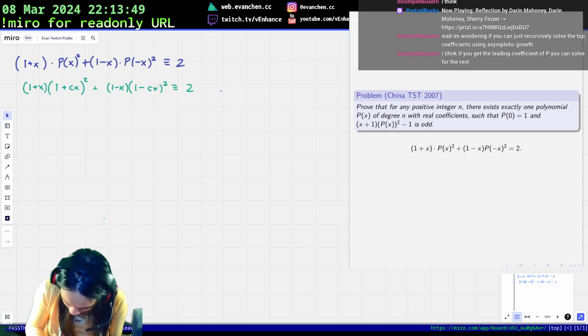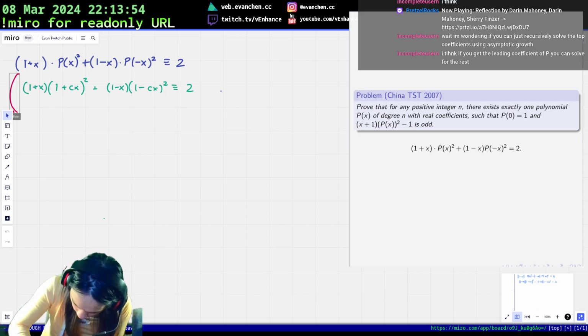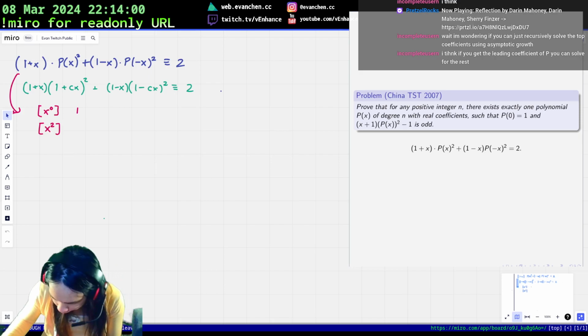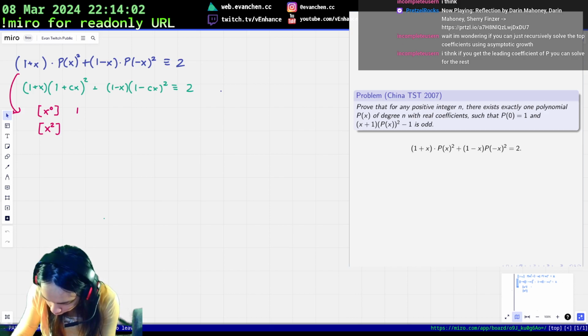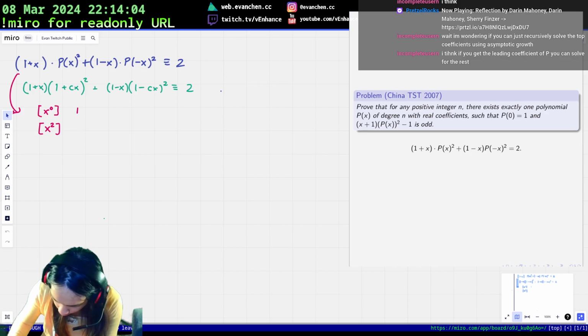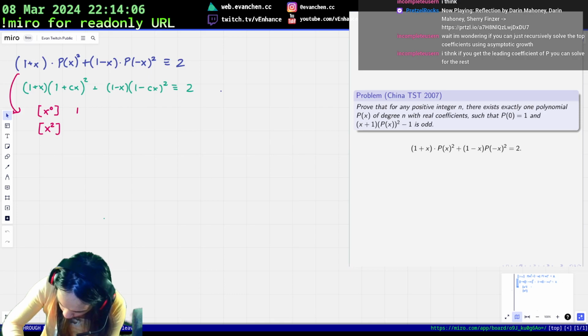I'm sorry, I'm just being dumb. The x⁰ coefficient of this is always 1. And for the x² coefficient, you're already promised the x to the first and x cubed, so you don't care about them. We only care about this one. This is supposed to equal 0.